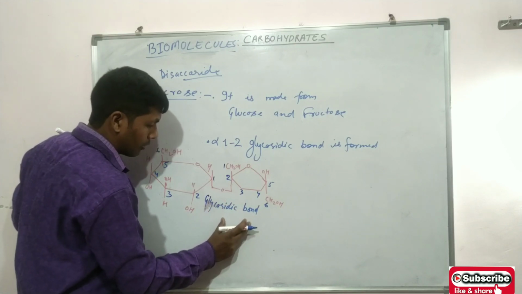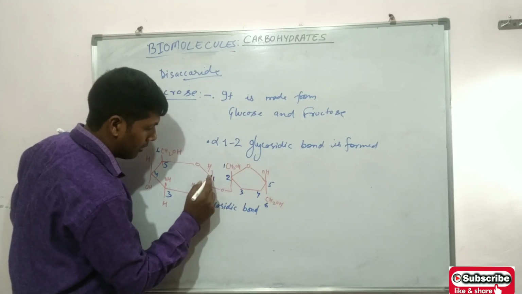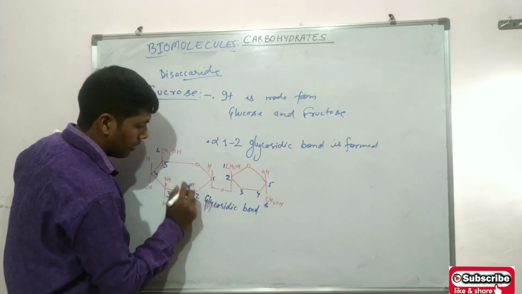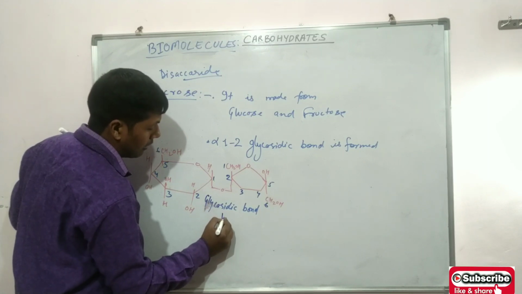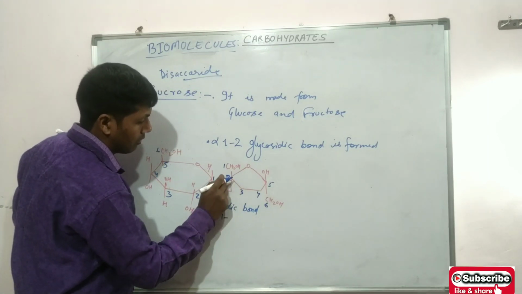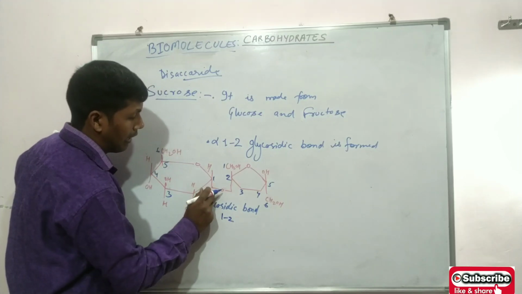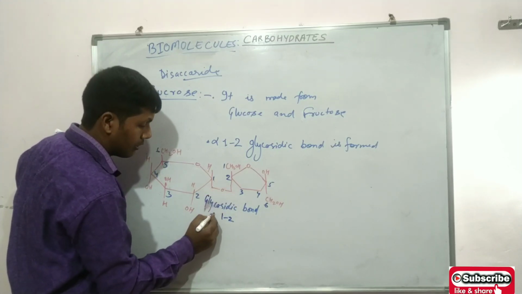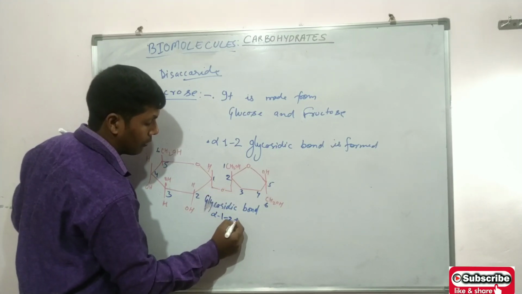This glycosidic bond is formed between glucose carbon number 1 and fructose carbon number 2. And this is on the lower side, so this is an alpha 1,2 glycosidic bond.